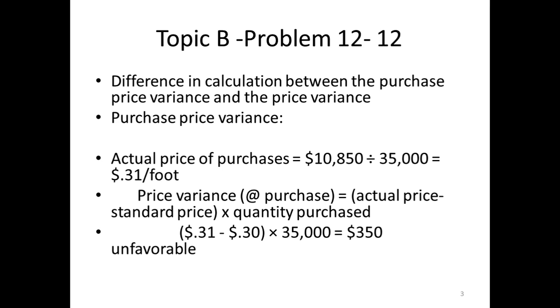Now, at the time of purchase, there were 35,000 feet of material purchased. It was purchased for 1 penny more per foot than anticipated in the standard price. So there was a $350 unfavorable price variance at the time of purchase.